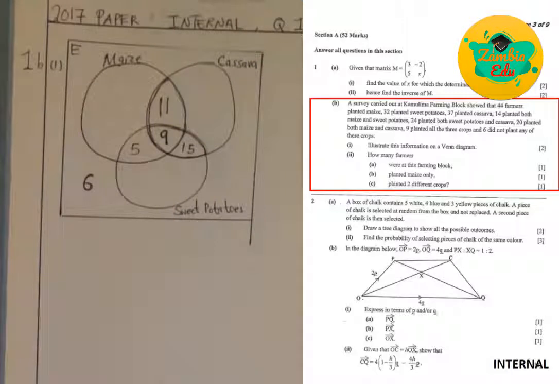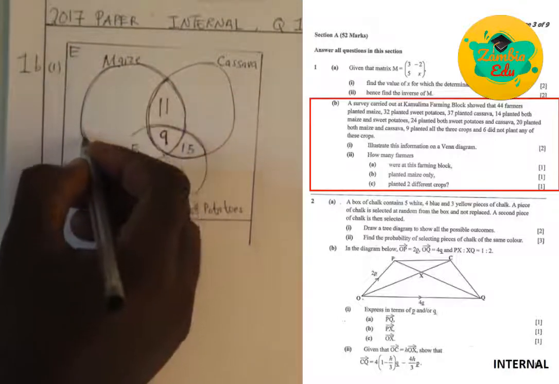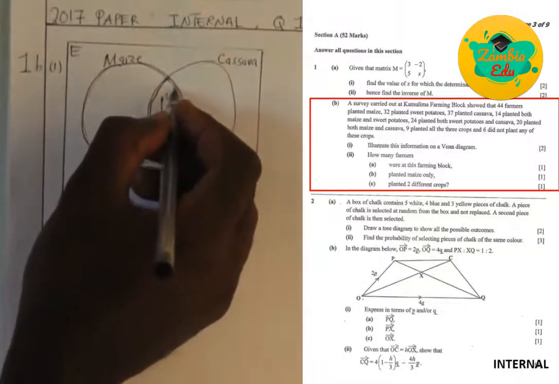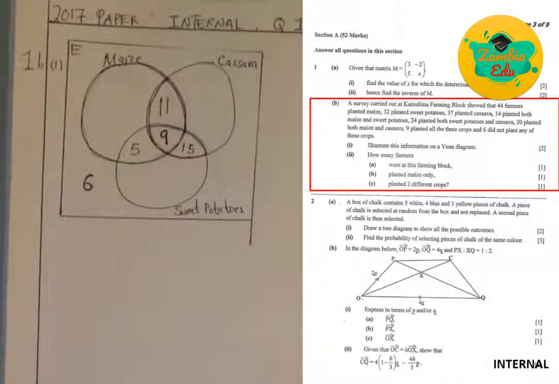We have been told that 44 farmers planted maize, which means the entire maize set, when you add everything together, should give you 44.